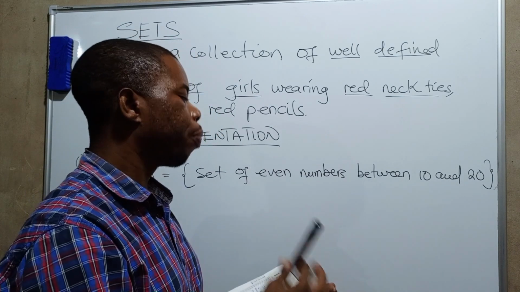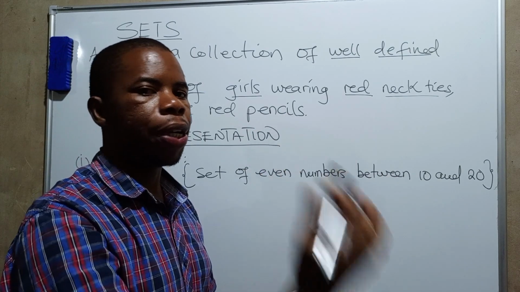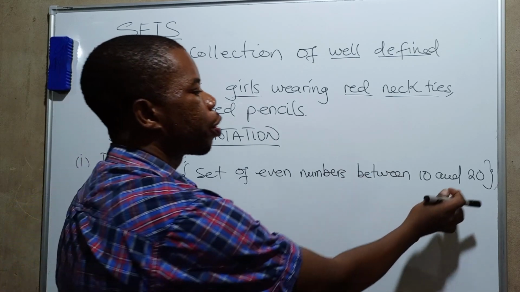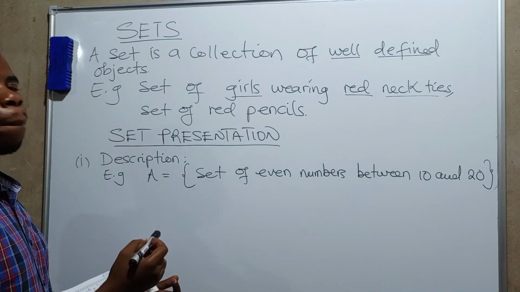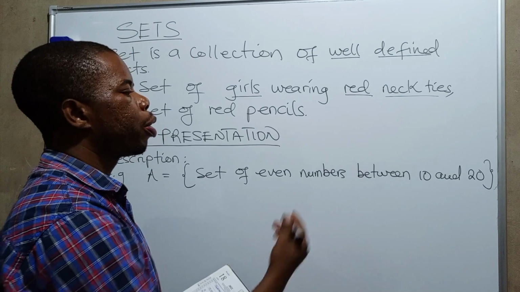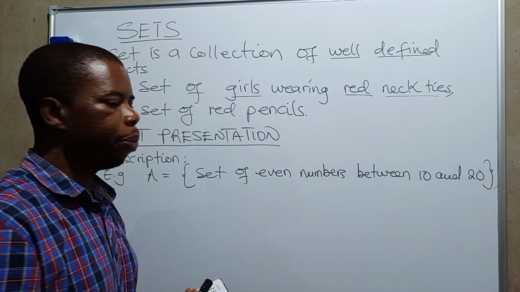So that's how we define. Now, we are using words here to explain a set. Such kind of using words to explain a set is what we call description. So we have described a set that contains even numbers between 10 and 20.